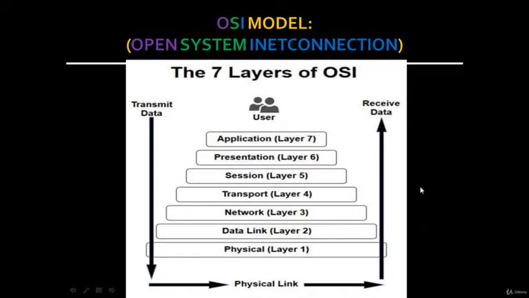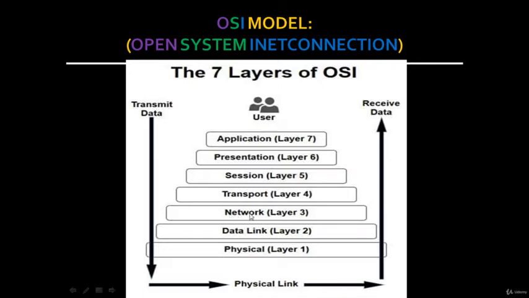This is the session layer, to make a session and connection between two users, or from user to client, and so on. This is the transport layer. We have two main protocols here, TCP and UDP. In the network layer, the IP protocol will be here, which is the internet protocol. Data link layer, this is the switch.